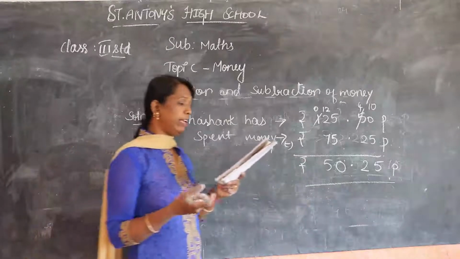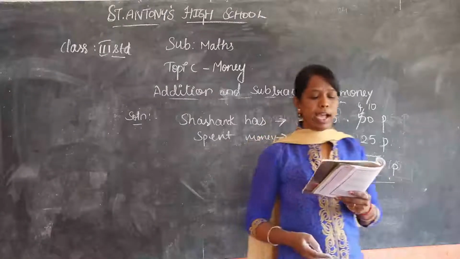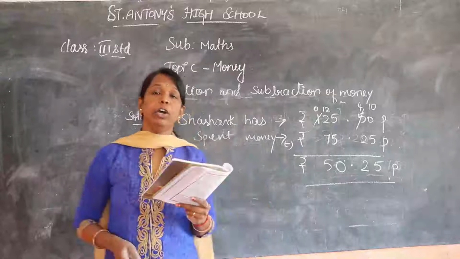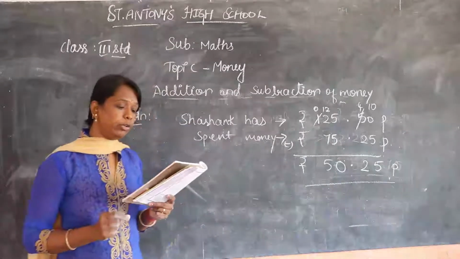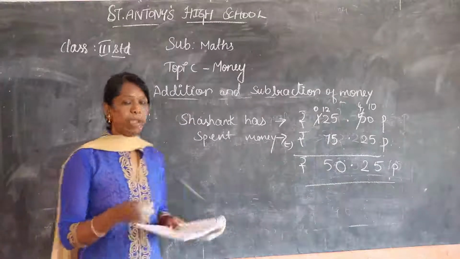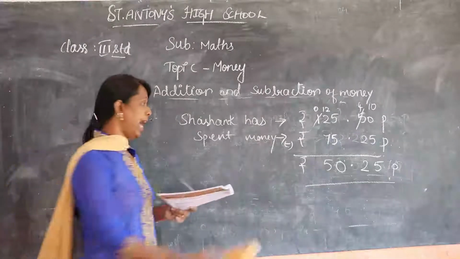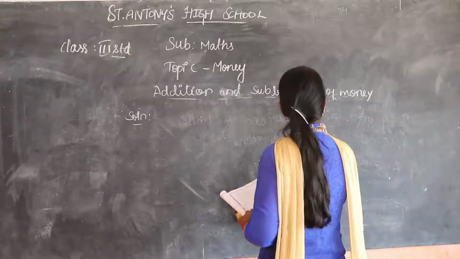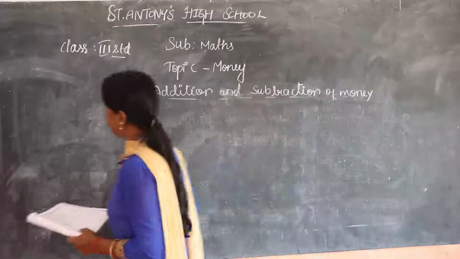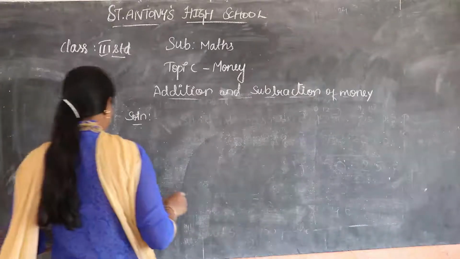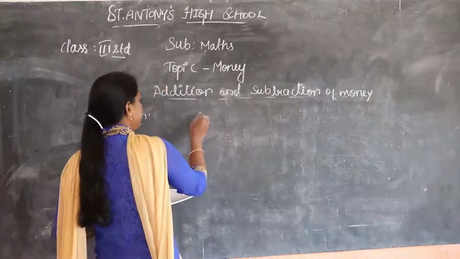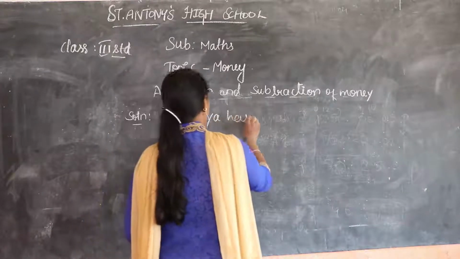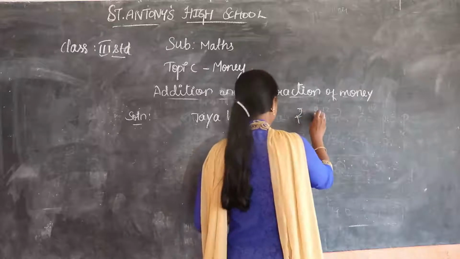And for example, Jaya had rupees 20. If she spent rupees 15.50 to buy tomatoes, how much money remains with Jaya? She has 20 rupees. But she spent money to buy tomatoes. The cost of the tomatoes is rupees 15.50. How much amount did she have?